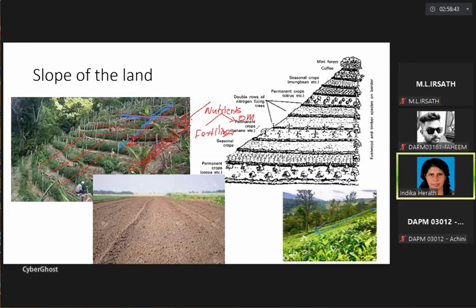In managing these kinds of lands, if it is not tea land, we can have various methods to reduce this erosion. This is a model that has been given to reduce the erosion. You have a permanent crop here, like in this case, it is banana.